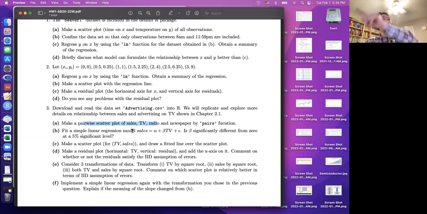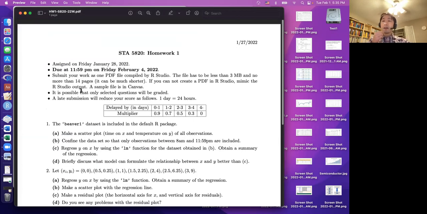So 6 plus 6, 12 scatter plots in one window. So it's different. In C, you just have to overlay the fitted line over this single scatter plot. Okay, do you have any other questions on homework 1?